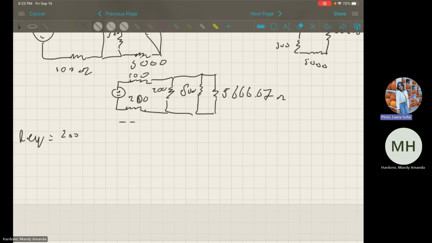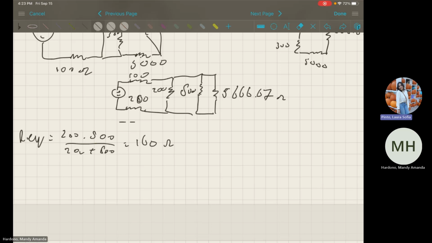First calculating out the 200 and the 800 ohm resistor. Which is 160 ohms.